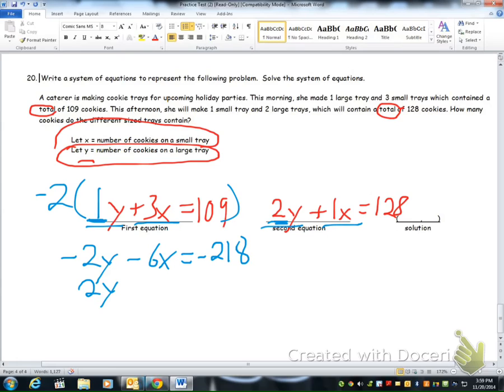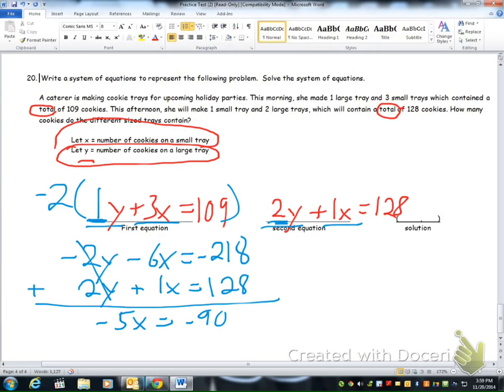So 2y plus 1x equals 128. The y's eliminate. -6 plus 1 is -5x. -218 plus 128 is -90. And if I divide through by -5, I get x equals +18.